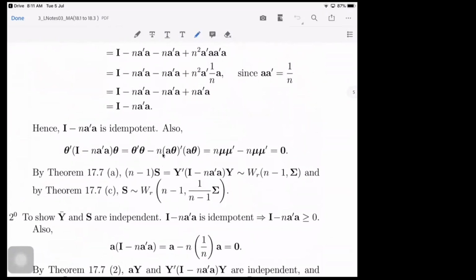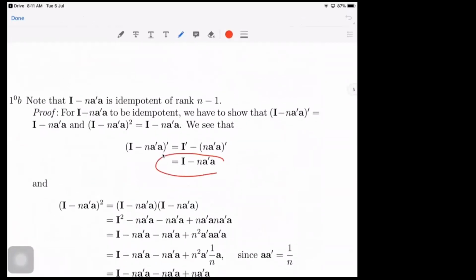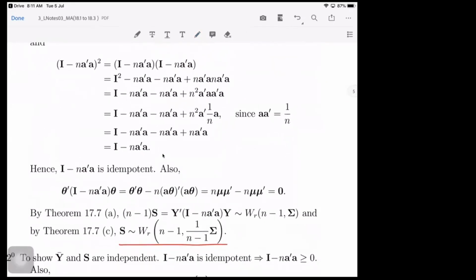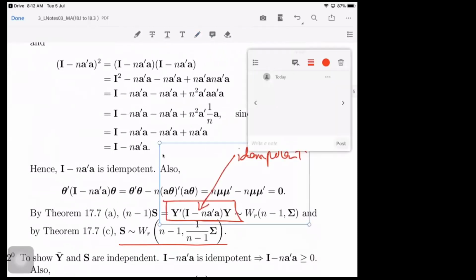To show that S is a Wishart distribution, we use the result on having a matrix which is idempotent, because we can express S in terms of this matrix here, I minus N A prime A. So if you recall, S can be written in this form, Y prime (I minus N A prime A) Y. So if we can show that this is idempotent, then we can use some previous results for a Wishart distribution.